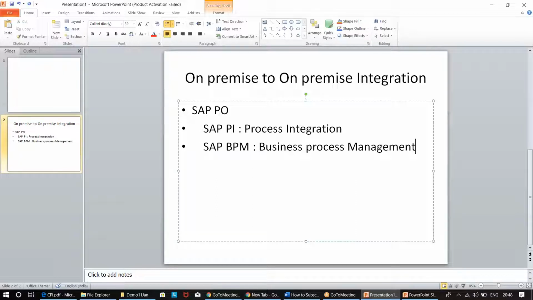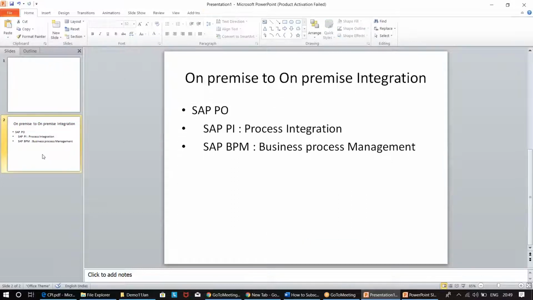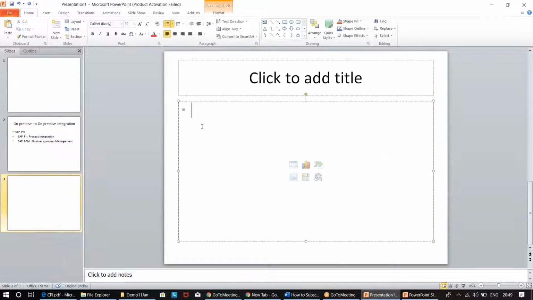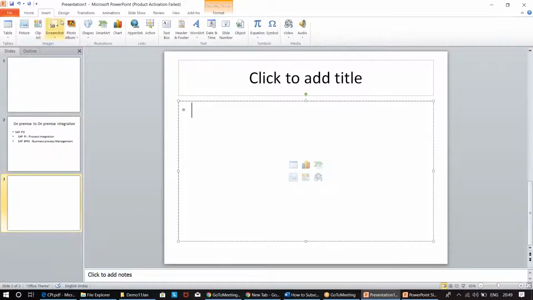So now let me draw two important scenarios showing what exactly happens if we have a cloud-based solution like CPI and if we have on-premise solutions.